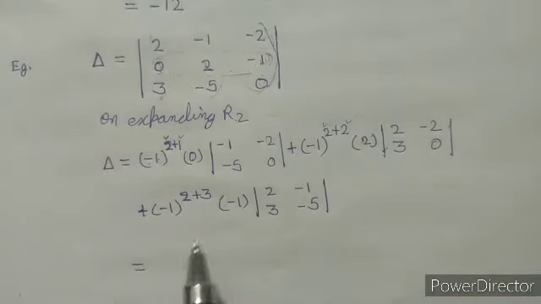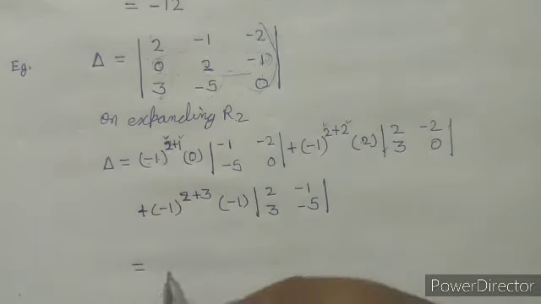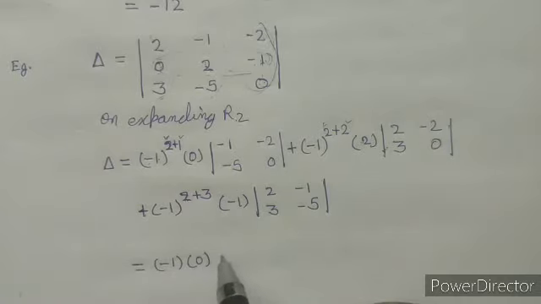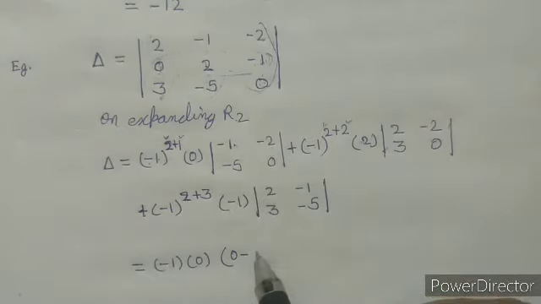Now -1 raised to power 2 plus 1 will be 3. The -1 raised to power 3 will give us -1, into 0 into -1, into 0 will be 0 minus -5 into -2 will be equal to 10.